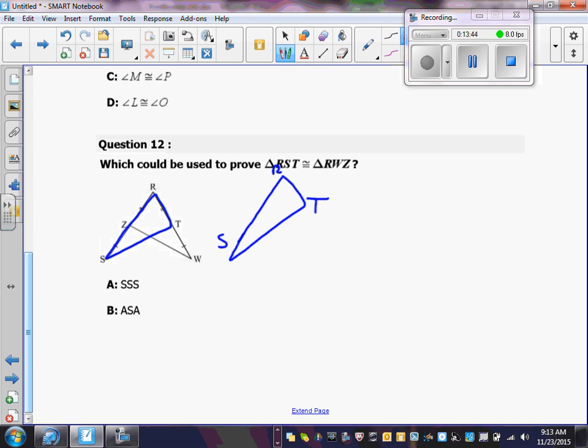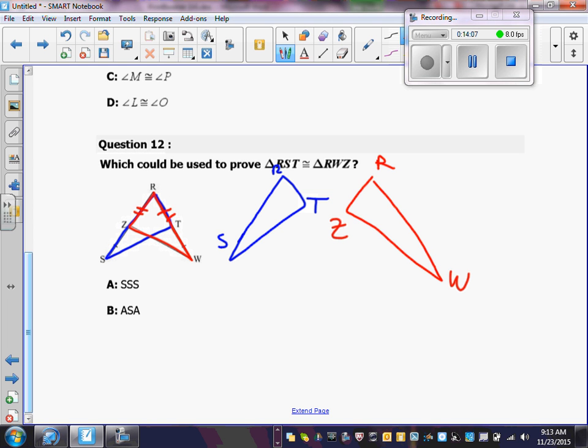And the other one is RWZ, right? So I have RWZ. Then based on what is given marked, I knew these two sides were given to be congruent.